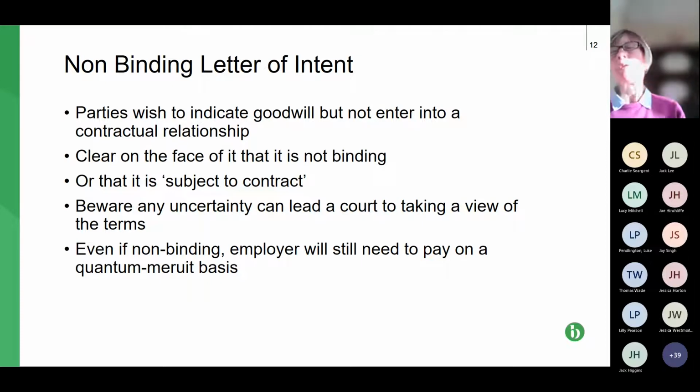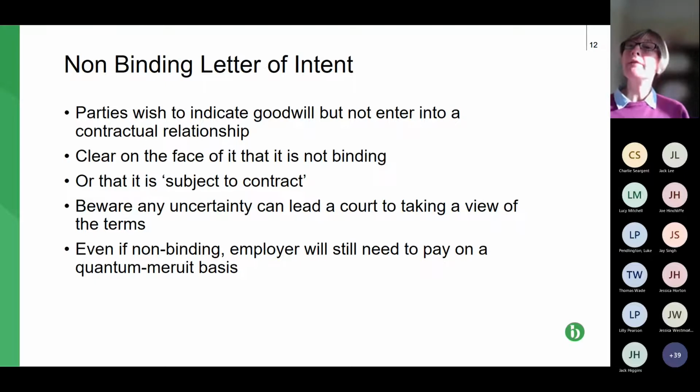Now that makes sense, because what we know about subject to contract is that it means there must be a contract that is signed between the parties. So if a letter of intent is marked as subject to contract, then it is saying this isn't binding until we have an agreement that is signed between us. So it's almost a circular thing. So your letter of intent mustn't say that it's subject to contract.